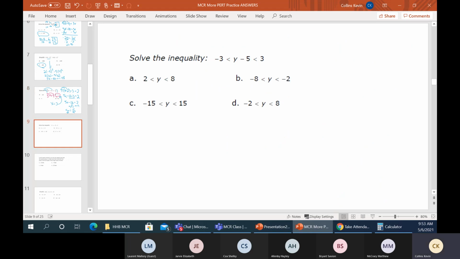Okay, so it's solve the inequality. I'll let you guys take a minute and look at that, and then we'll talk.